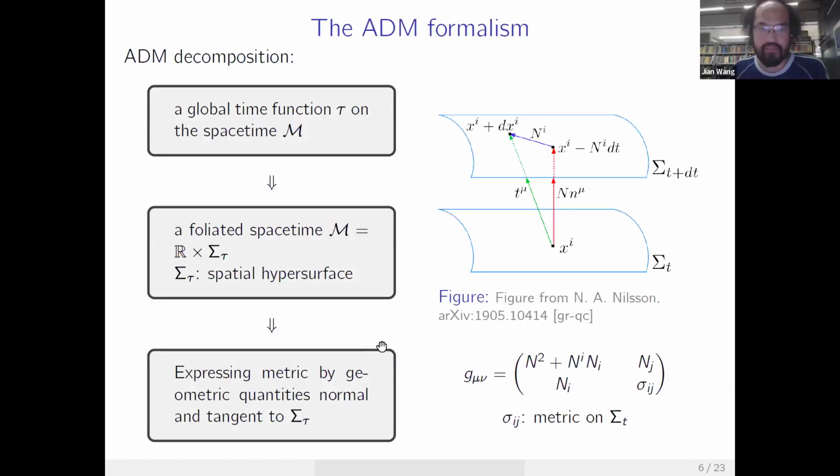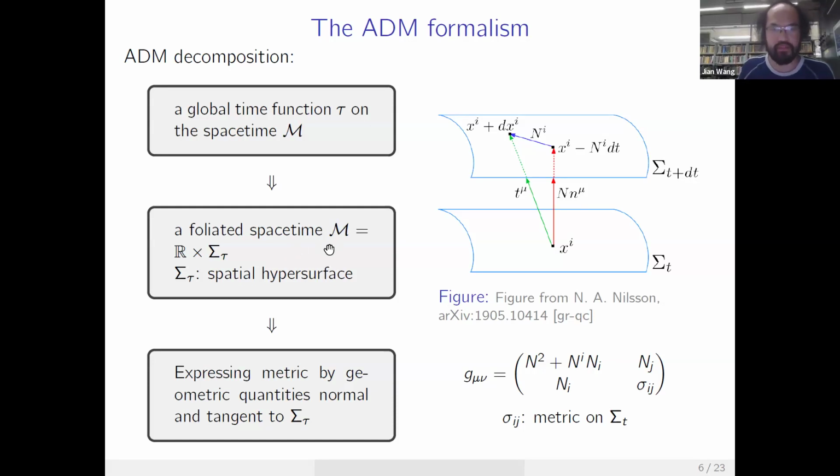First, let's start with the ADM formalism. The idea of the ADM formalism is given in the left panel. First, we define a global time function on the manifold M. This global time function introduces a foliation structure in the spacetime.